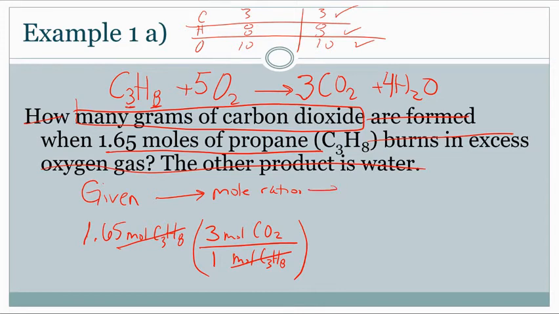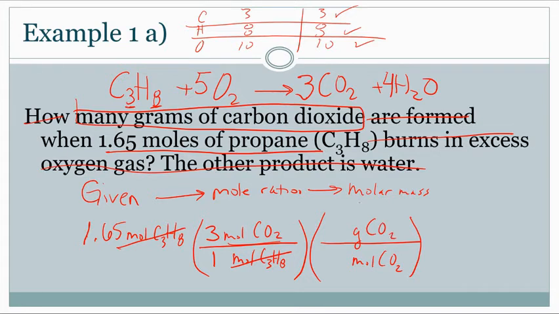The next thing is I'm going to go to my mass by multiplying by my molar mass of carbon dioxide. So that's something I need to find. I'm going to go from moles of CO2, so moles of CO2 go on the bottom, and grams of CO2 go on the top.